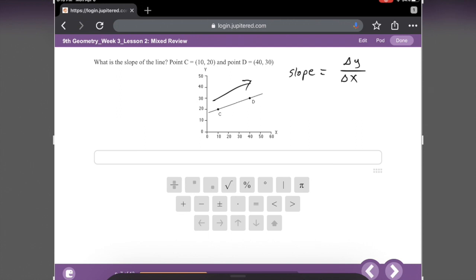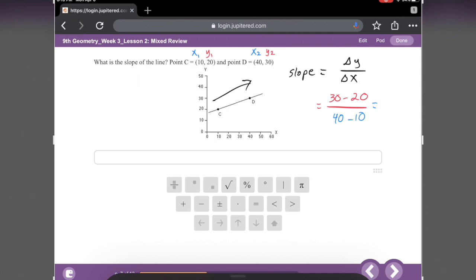So let me call this y2, and let's call this y1, and we'll call this one x2, and let's call this one x1. Okay, so now the slope should be y2 minus y1, or 30 minus 20, divided by x2 minus x1, or in this case 40 minus 10.